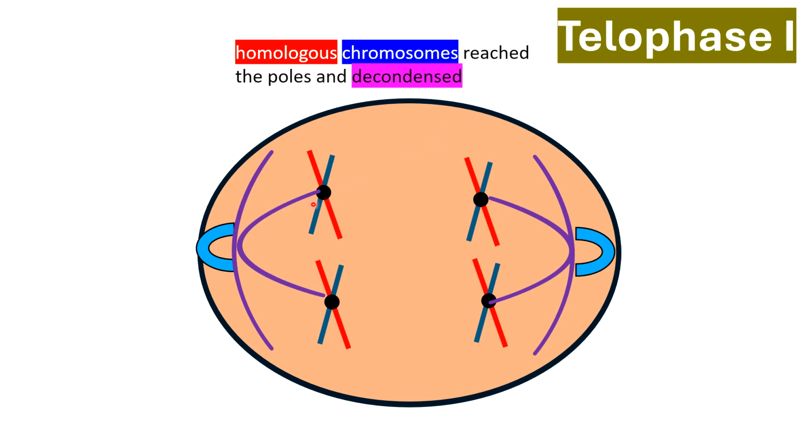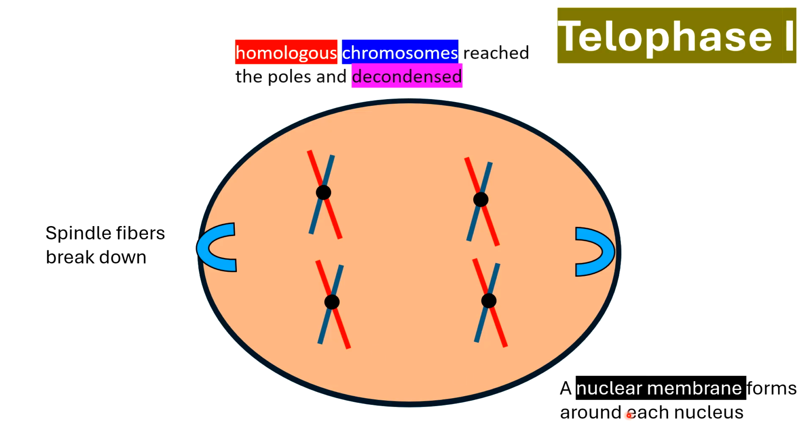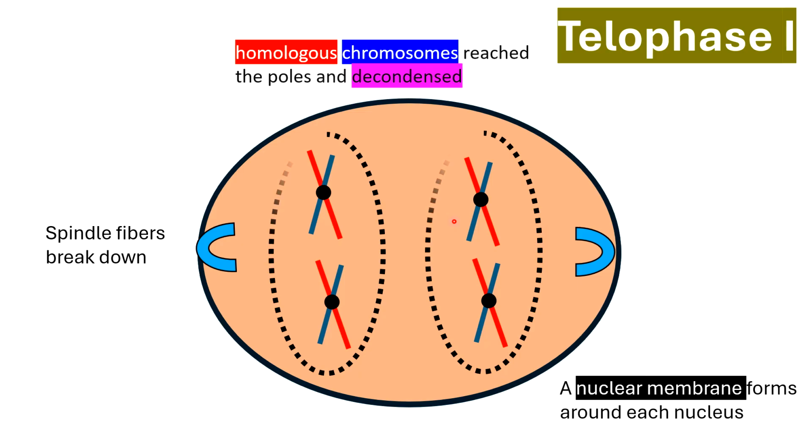I couldn't represent how they decondensed, couldn't find an animation, but essentially they've reached the poles, the ends of the cell after it has elongated, and the spindle fibers have pulled them here. Now, these spindle fibers are going to break down, and a nuclear membrane that disintegrated in prophase 1 is going to form again around each nucleus of the new two cells we're going to have the division.